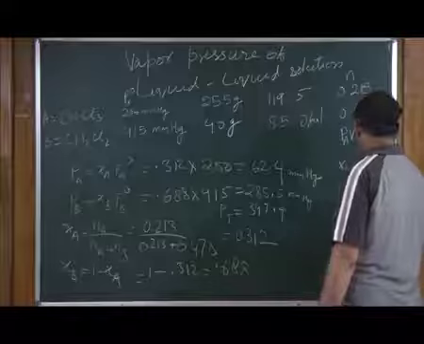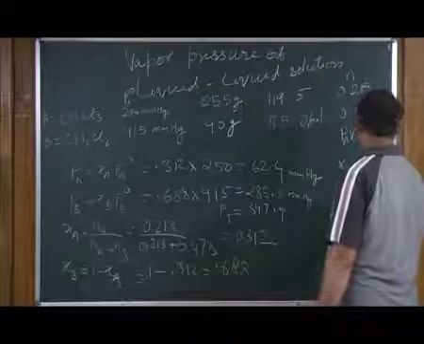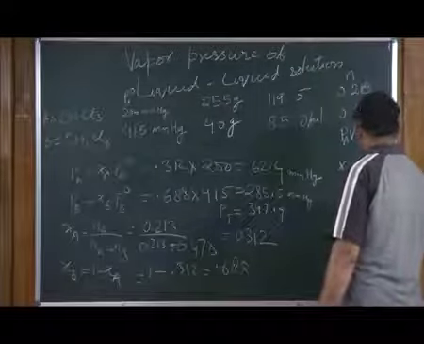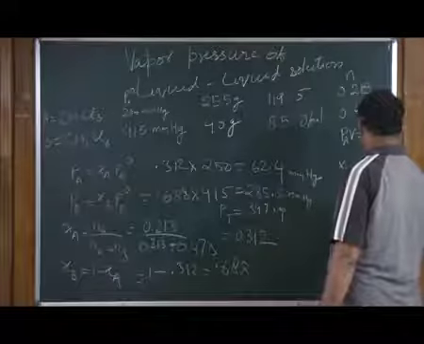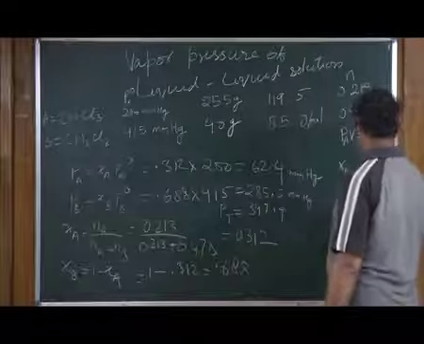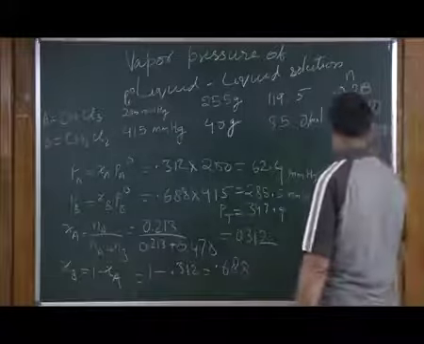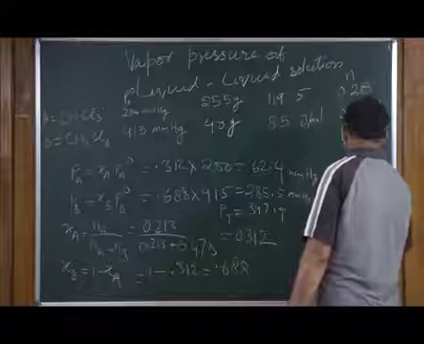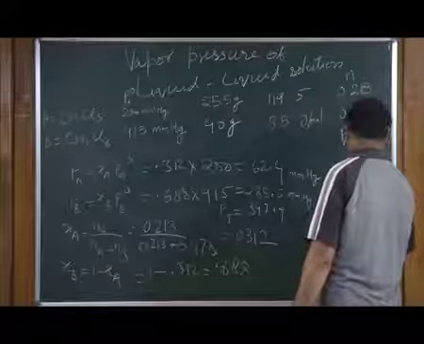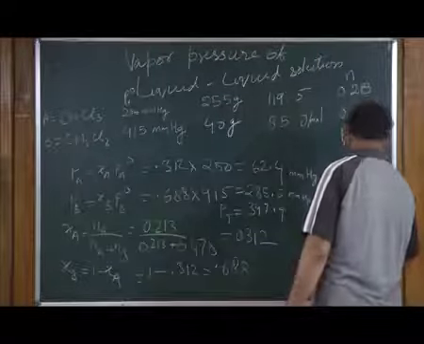So, N A in vapor divided by total moles, N A in vapor plus N B in vapor. And if I substitute N A from here, I will get P A divided by P A plus P B.